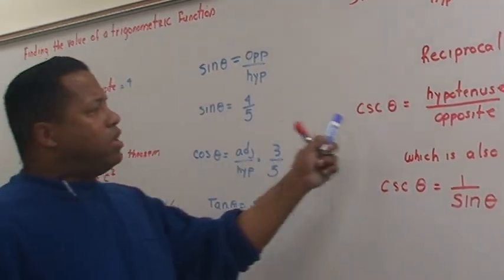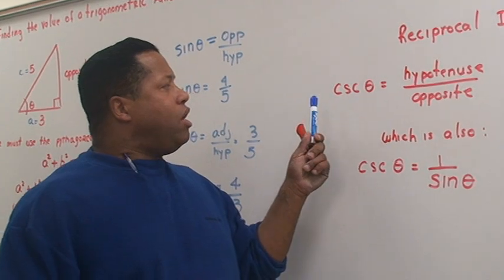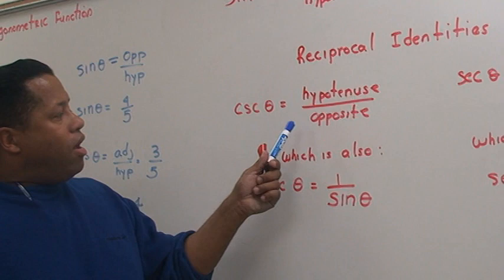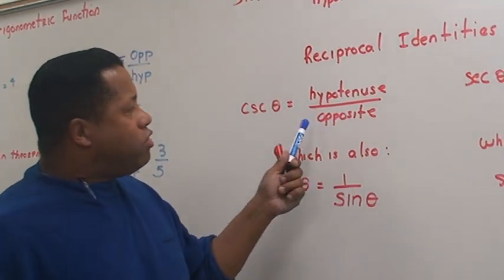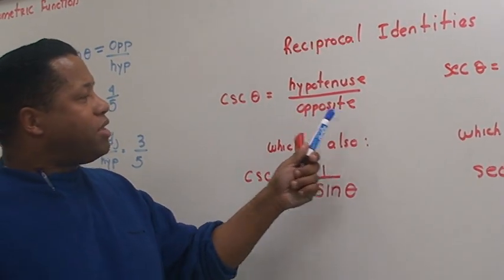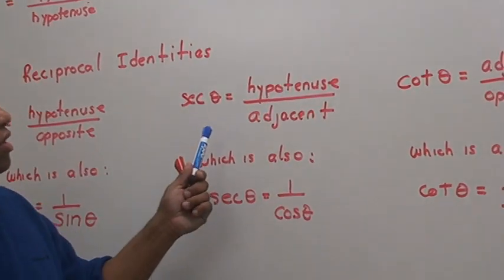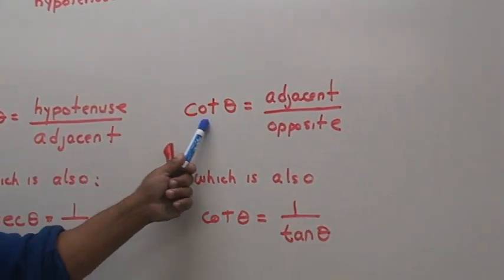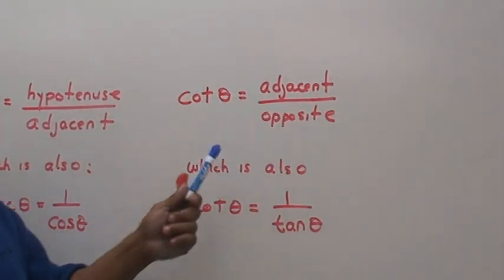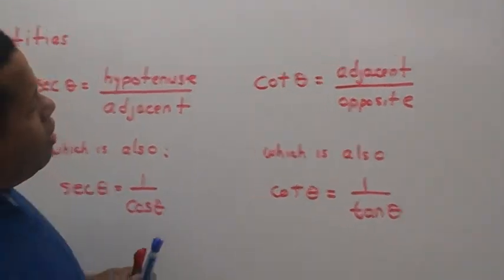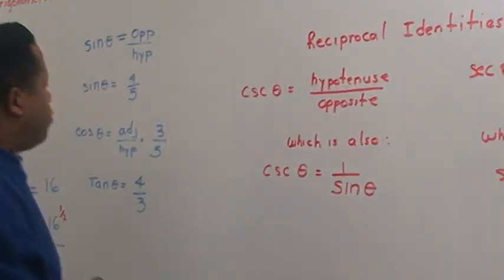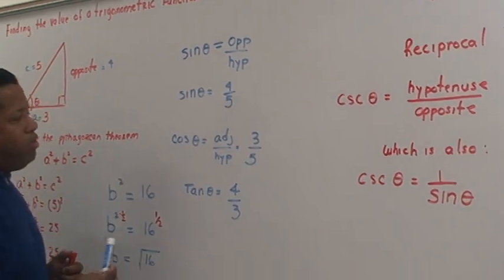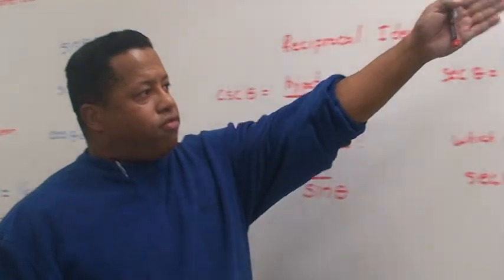First, let's do the written out hypotenuse over the opposite side, then the hypotenuse over the adjacent side, which is secant theta, and cotangent, the adjacent side over the opposite side. So everybody understands that we have these values that we found through the basic trigonometric functions.